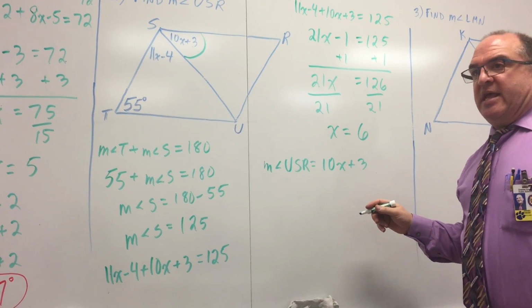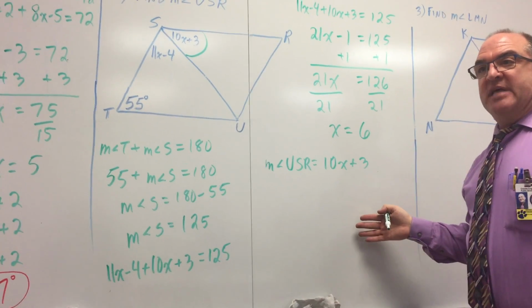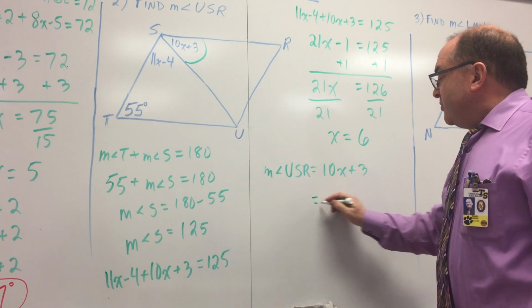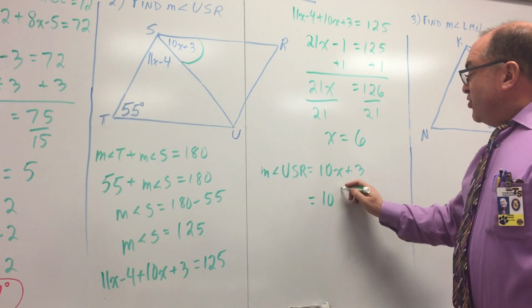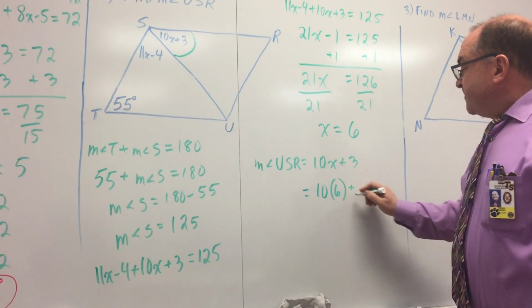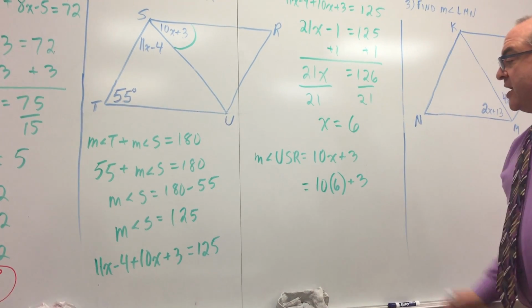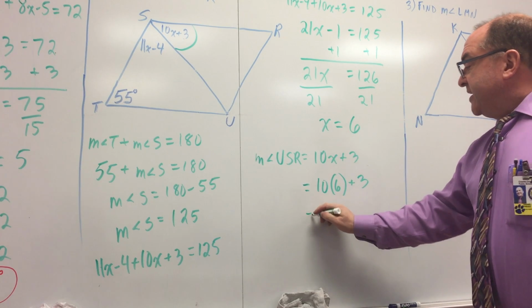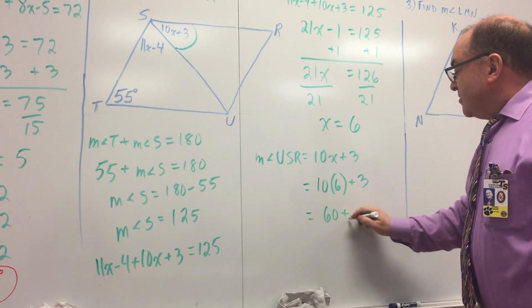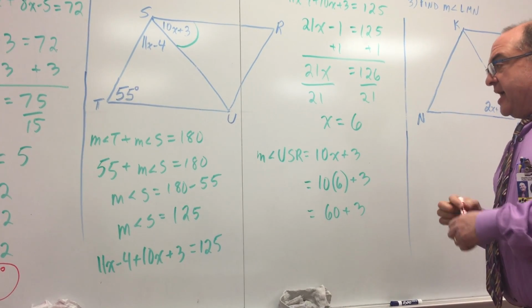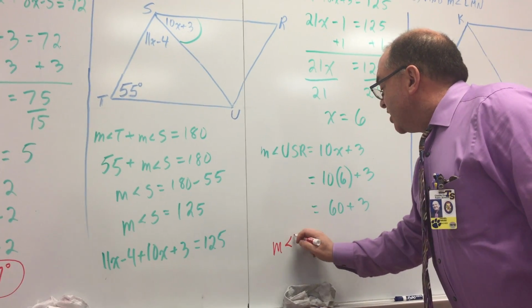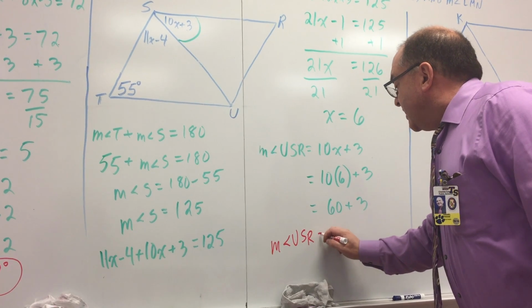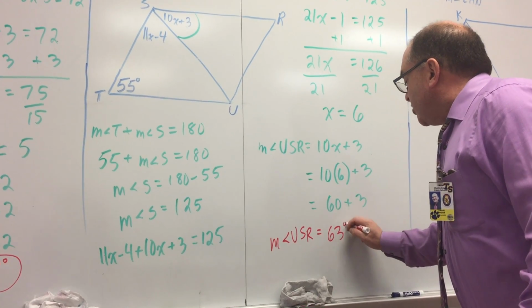You can just write the answer. I am writing out all of the steps just to make sure you understand what's going on. All right. So instead of x, I put in 6. 10 times 6 is 60 plus 3. And so measure of angle USR is 63 degrees.